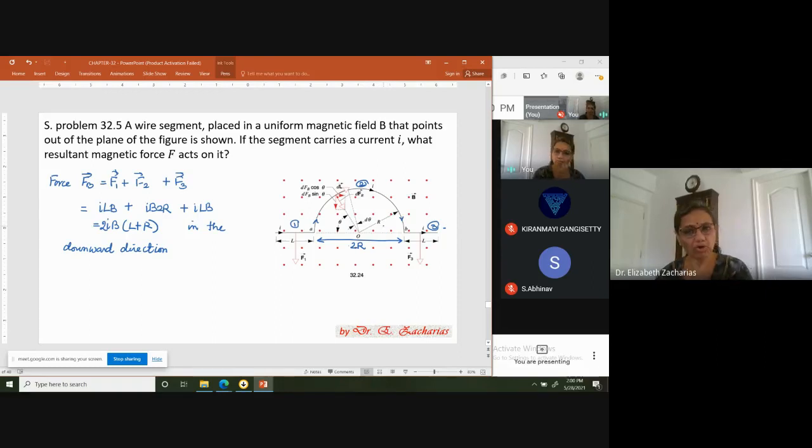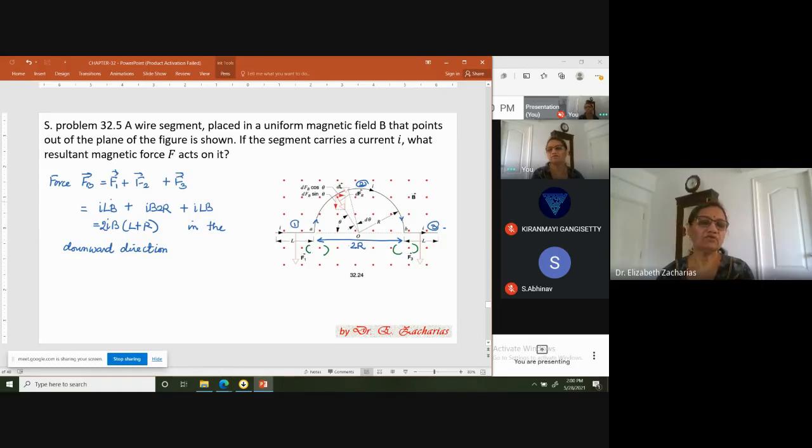In the book, the author has divided this semicircle into small bits and done integration, and all that is not at all required. If you know the coordinate of this point and the coordinate of that point, then I can get my L prime straight away. So that is what we will do here.